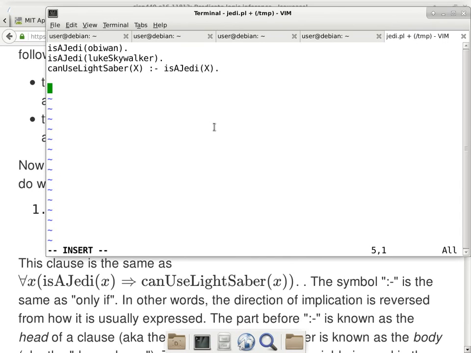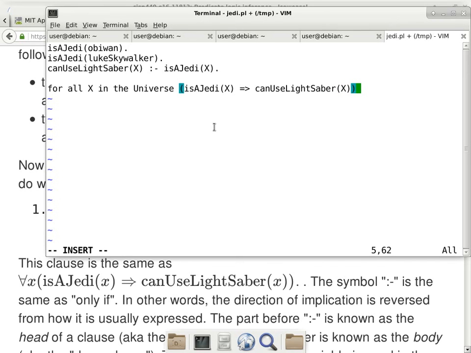If I were to write this out in mathematical symbols, this one is basically saying for all x in the domain, or the universe, is a Jedi x implies can use lightsaber x.